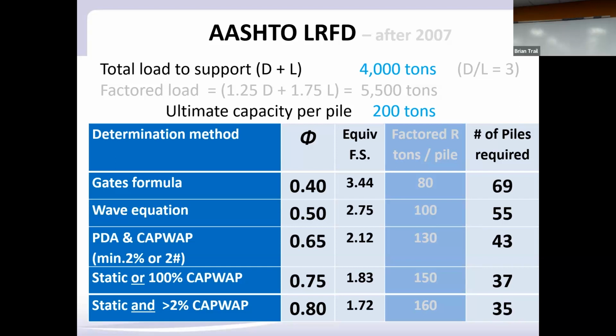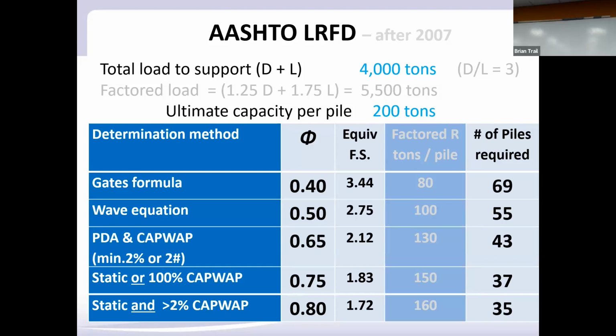So let's take this 4,000 tons with the P over L ratio of 3. Well, that means we've got 3,000 tons of dead load and 1,000 tons of live load. We put that into that formula you just saw on the last page, and you wind up with a factored load of 5,500 tons. And for our 200-ton capacity pile, we multiply that by the phi factor.